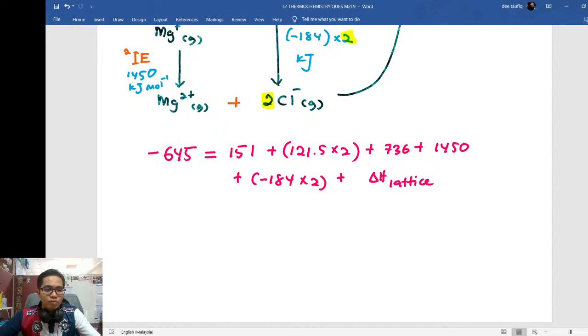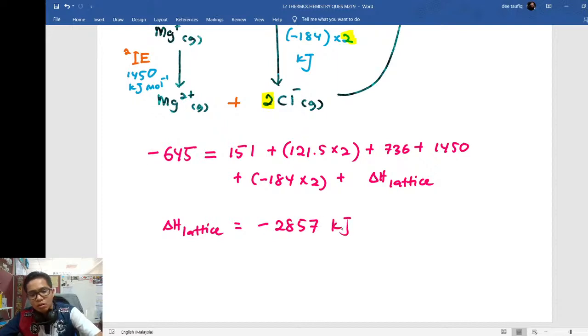Okay. So the lattice energy will be, apa dah tahu jawapan ni, delta H lattice is equal to negative 2857.